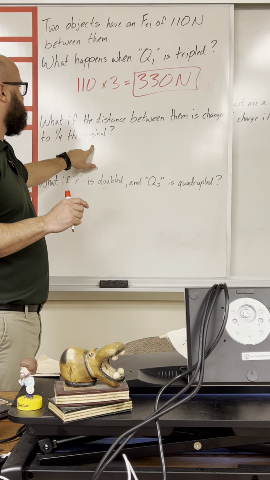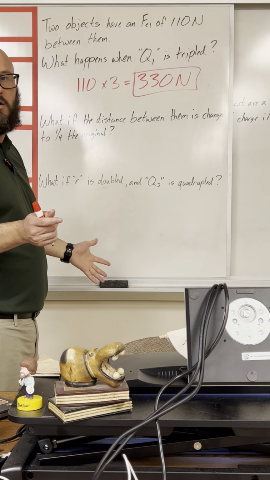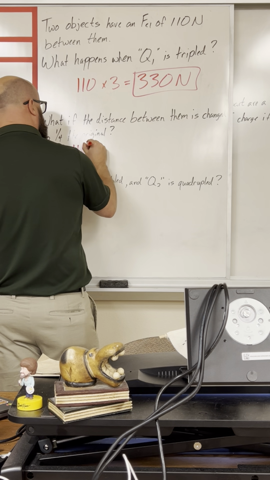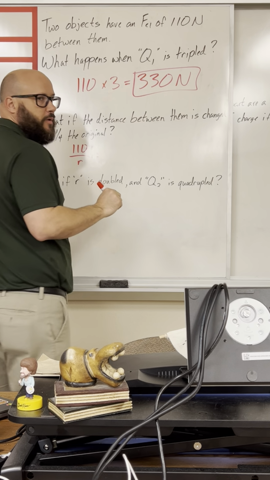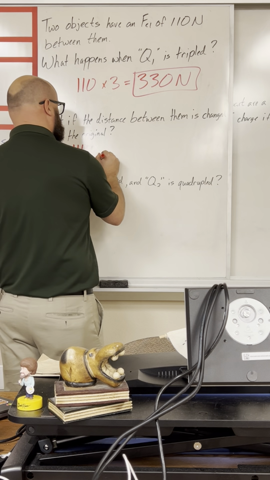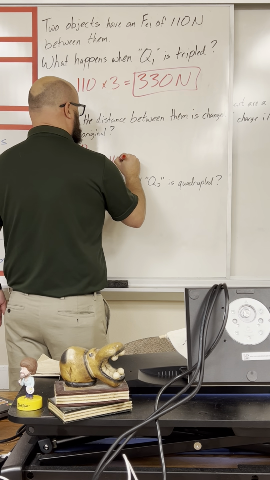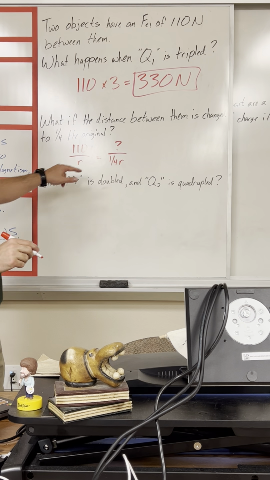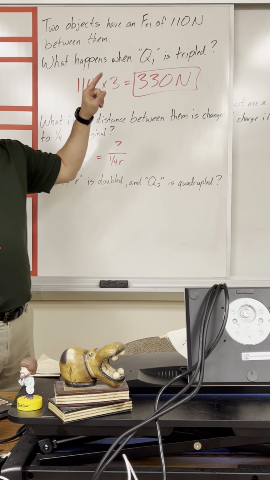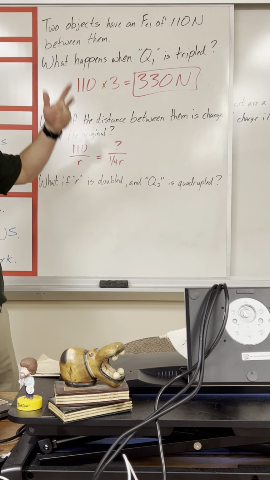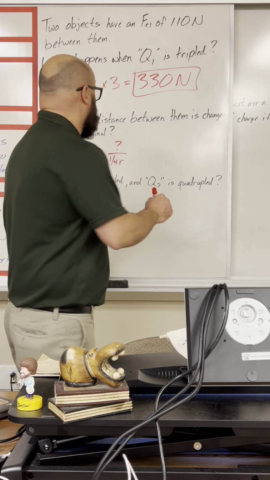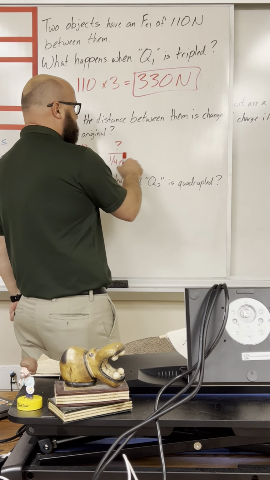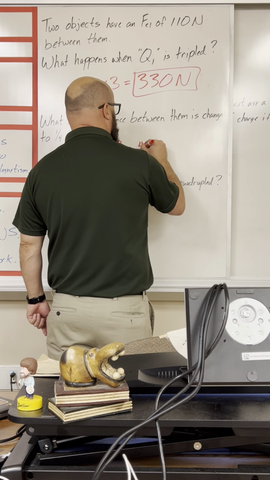1/4 the original distance. So right now we're at R, and that's 110. We want to know what is the force at 1/4 R. Well, first up, we have to get that 1/4 to the numerator. So we have to flip it, and when we flip it, we take the reciprocal. So 1/4 R turns into 4R.